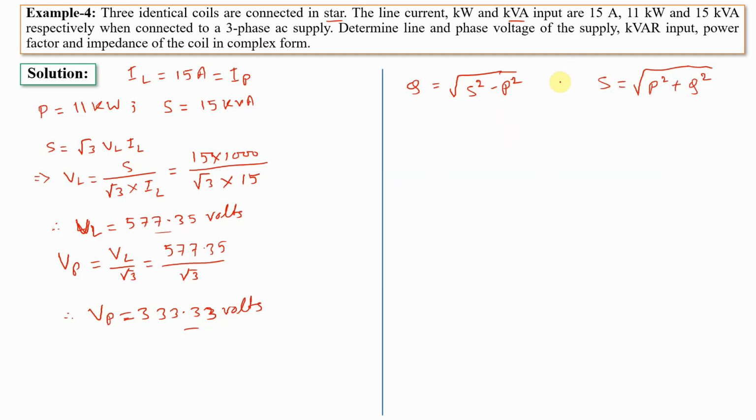So from there we can write Q equal to this. So now put the values of S and P. So it is 15 square minus 11 square. So the value of Q will be 10.2 kVAR. So this is the value of reactive power.